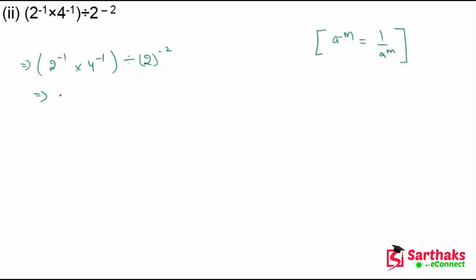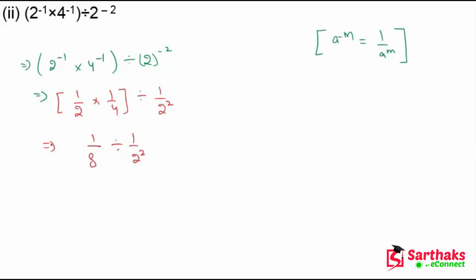So this will become 1 upon 2 into 1 upon 4, divided by 1 upon 2 raised to power 2. Got it, my dear friends? Now we can write it as 1 upon 2 into 4, which is 8, divided by 1 upon 2 raised to power 2.